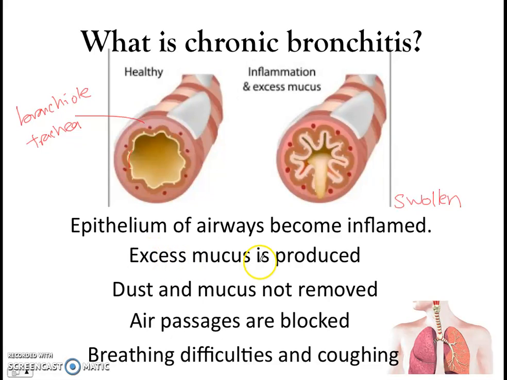So excess mucus is produced, which cannot be swept up. Dust and mucus are not removed, so they remain in your airways. And the swelling and the mucus and the dust all together result in your air passages being blocked so that you find it difficult to breathe. And there's a lot of coughing along with it as well, because you cannot breathe properly. So here's what it looks like when the air passageways become inflamed and have excess mucus.